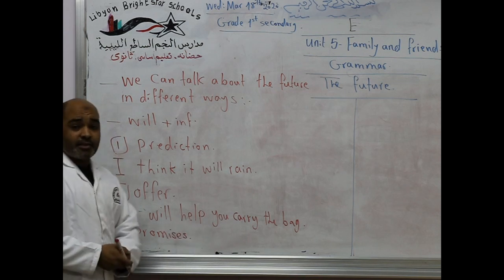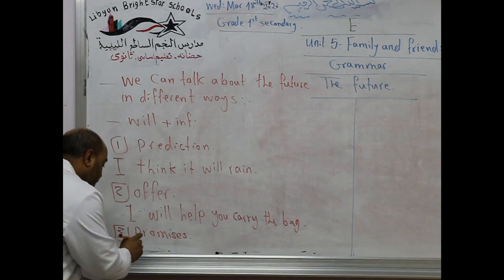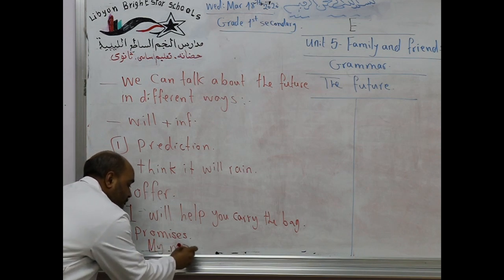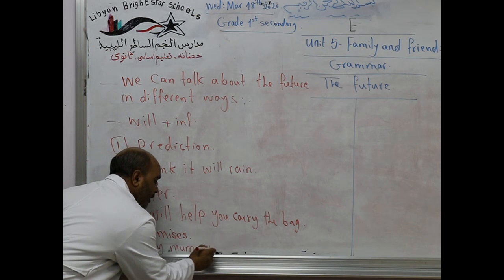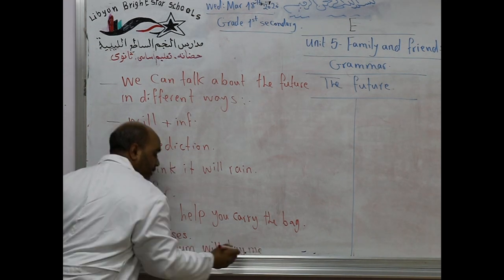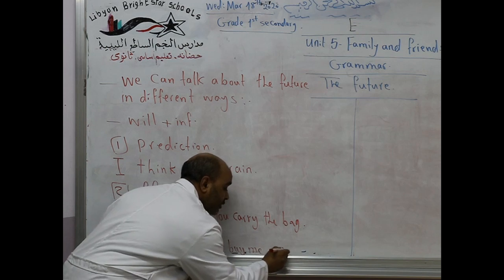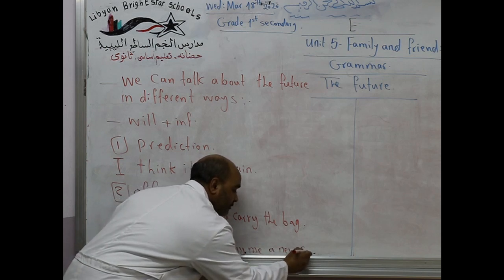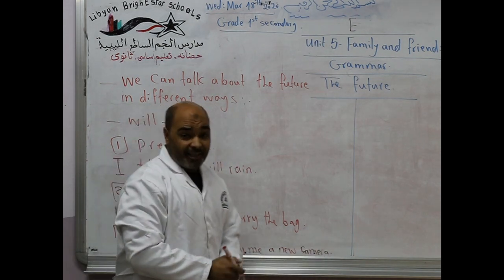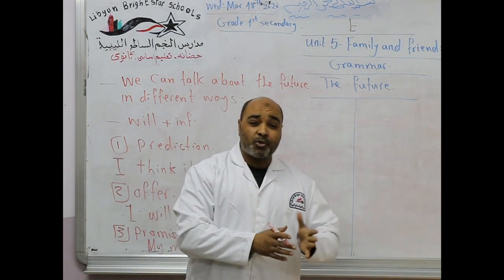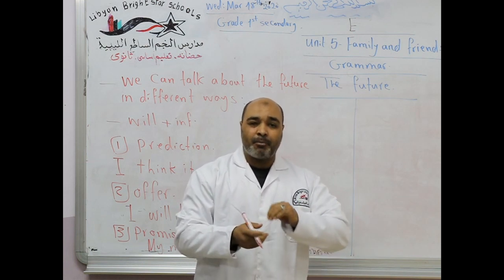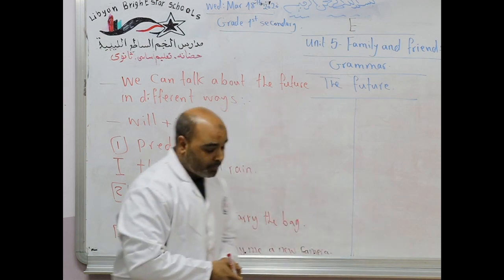We can say, my mom will buy me a new camera. This is a promise. Instead of saying, my mom promised me to buy me a camera, I can say my mom will buy me a camera.